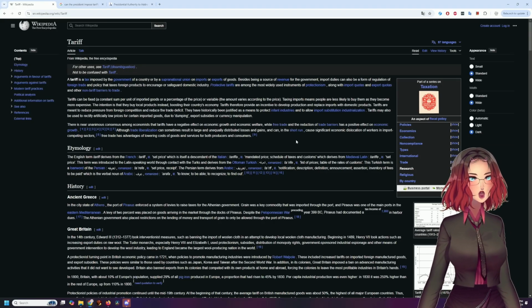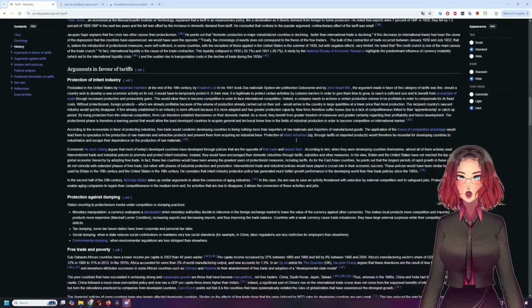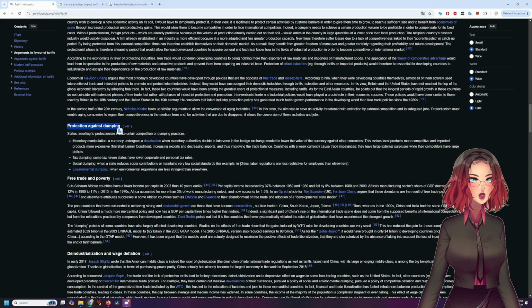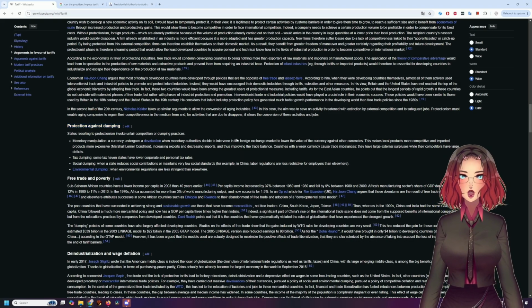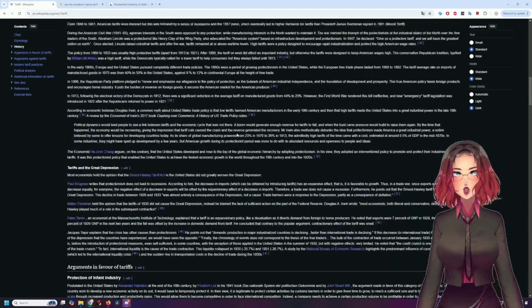What China is doing, by the way, with those is something that is termed dumping. You can read about it down here if you actually want to read Wikipedia. But basically, it's where you produce things that are under the cost of just about anywhere else in the entire world.